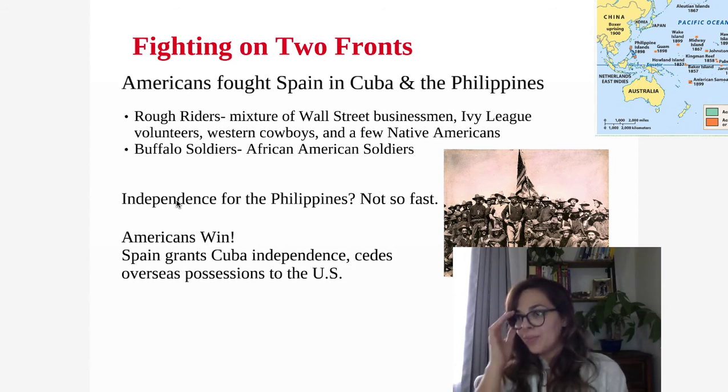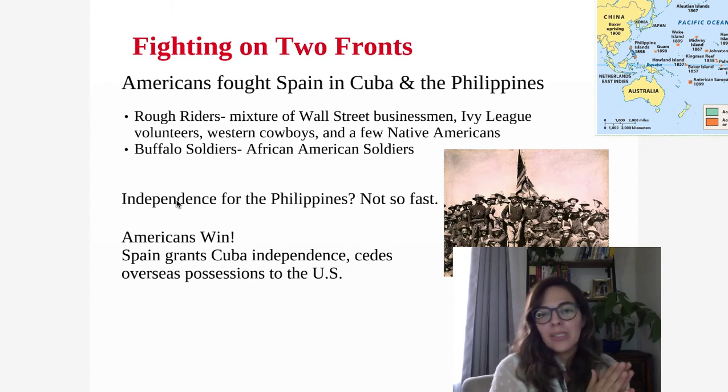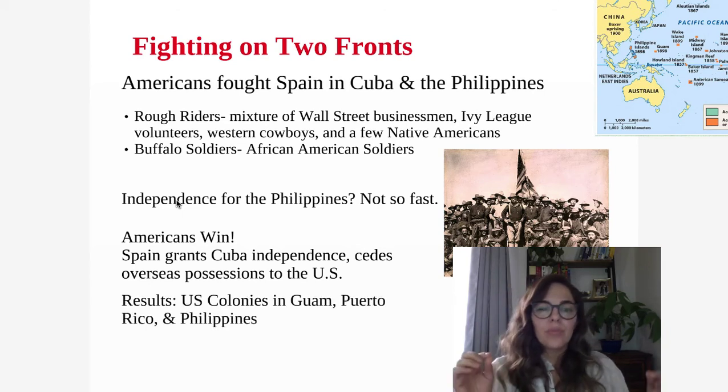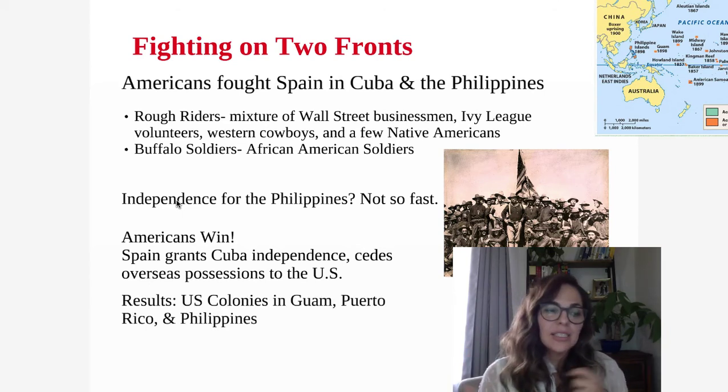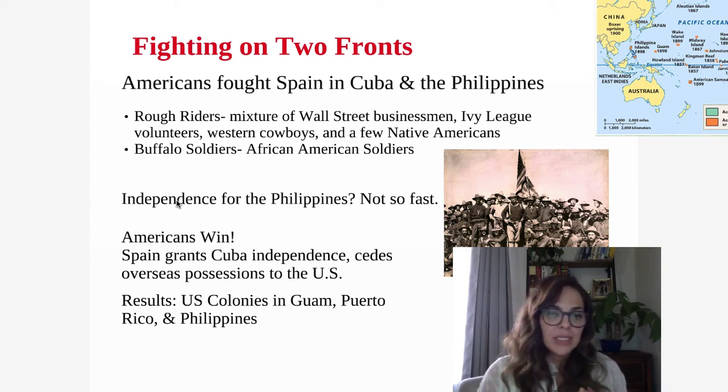Spain is kicked out. They grant Cuba independence, and the Spanish are going to essentially give up possession of these other colonies to the United States. So let's talk about those colonies that the Spanish hand over to the U.S. We're talking about Guam, Puerto Rico, and the Philippines.